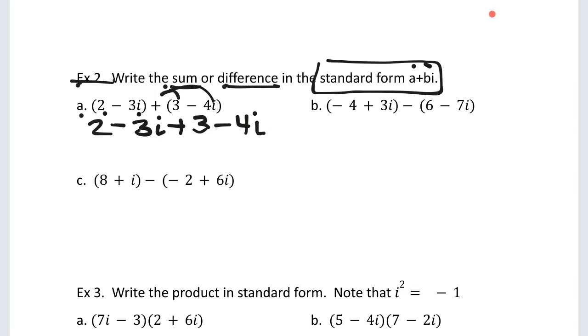Then look at the terms we can combine. If you combine 2 and 3, that makes 5. Combine negative 3 and negative 4, negative 7, followed by the variable i that represents imaginary numbers.